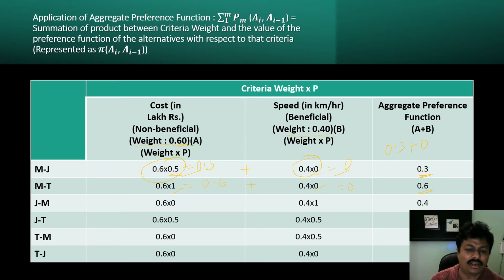So in similar manner, here this preference value was 0. So this becomes 0. Here the preference value was 1. So this becomes 0.4. 0 plus 0.4 is 0.4. Then this one, same thing. Then you add it. Here also you add it. And by adding, you will get the aggregate preference function.